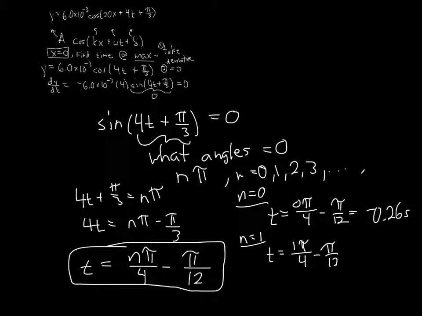And when you plug that into your calculator, you'll find that you get 0.52 seconds. And you can keep doing this, so on and so forth, for every value of n that you want to plug in. Maybe n equals 2, n equals 3, and so on.